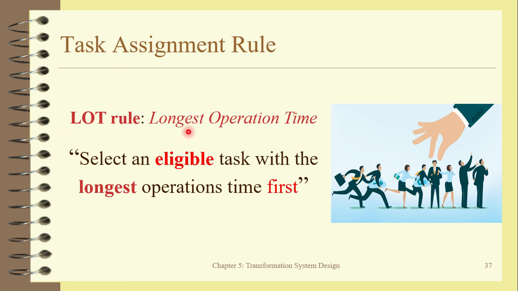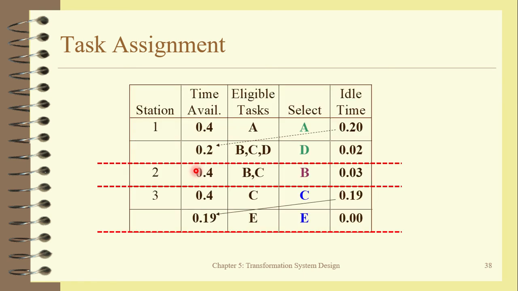LOT stands for longest operation time. You select an eligible task. There will be several tasks, but you have to consider just eligible tasks with the longest operation time first. I will show you how to do it.